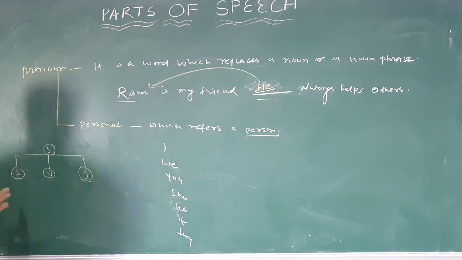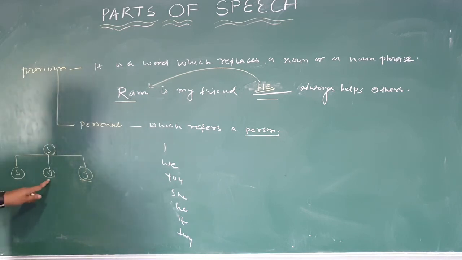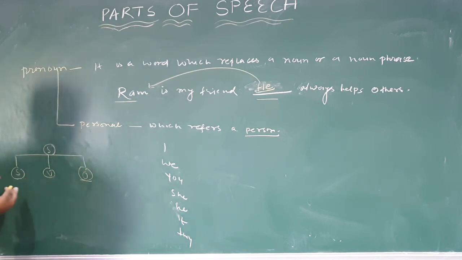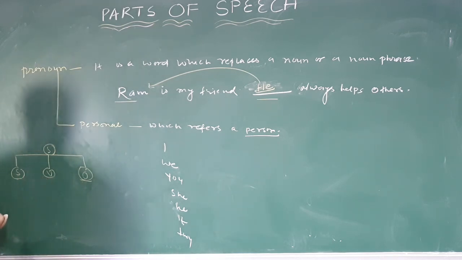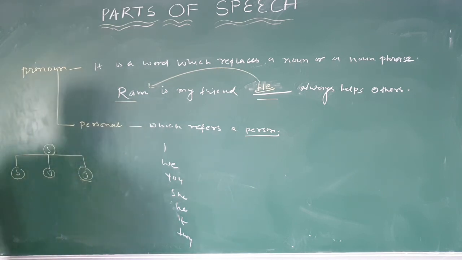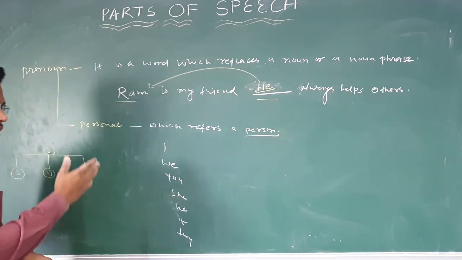Who can act as a subject? Noun. Who can act as an object? A noun. Verb we have, but sometimes we use a pronoun as a subject, because pronouns can replace nouns. So, as I told you, a noun can be a subject, so a pronoun can also be a subject. So, I, we, you, she, he, it, they all are pronouns.